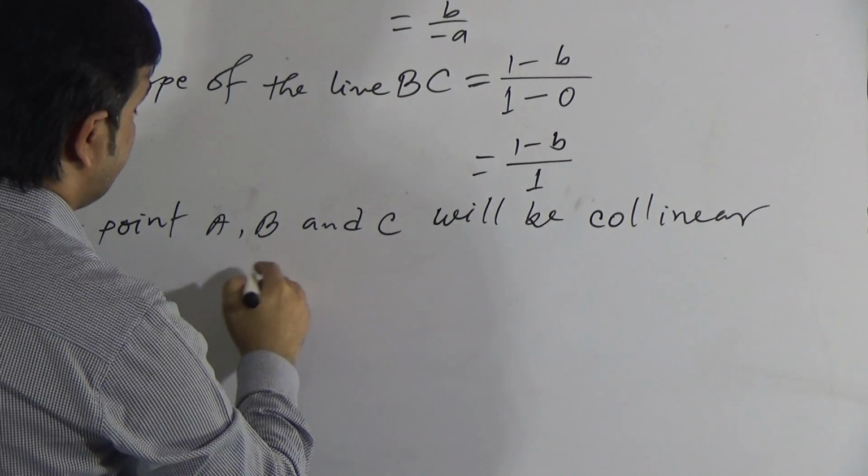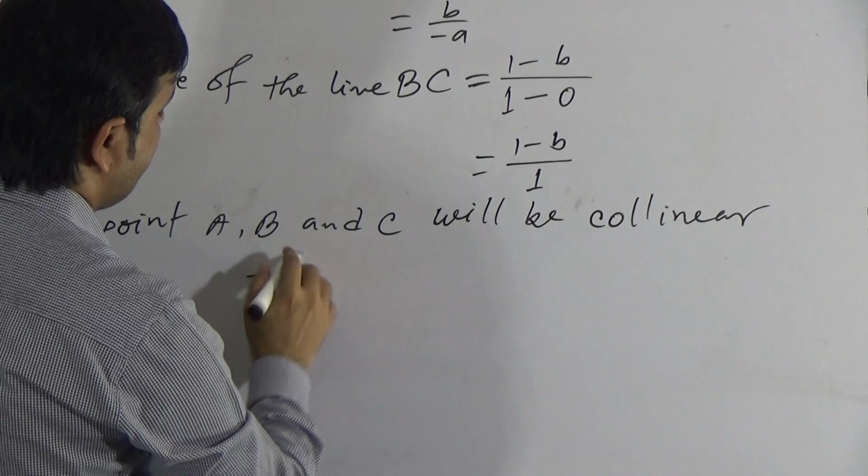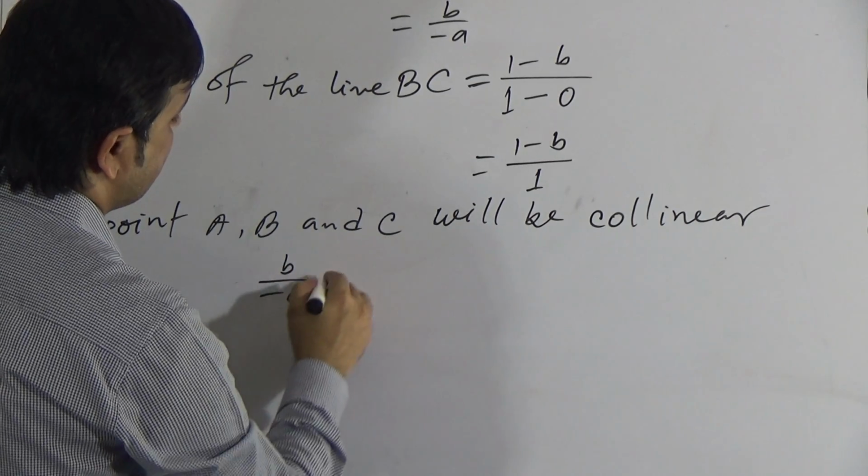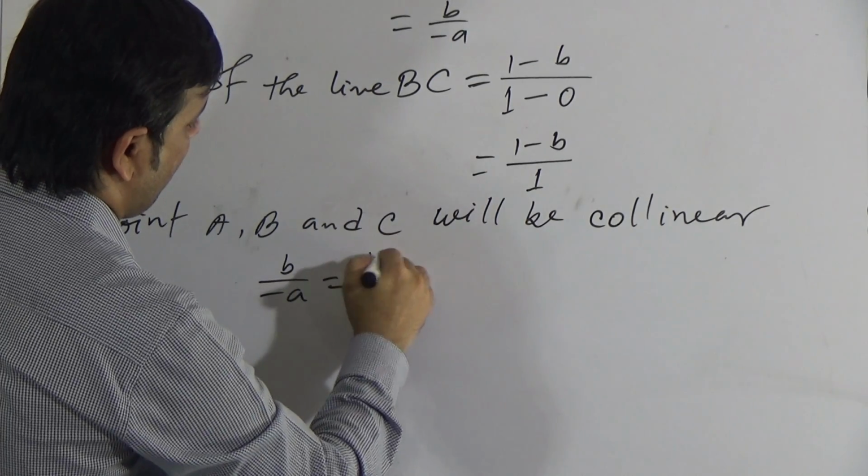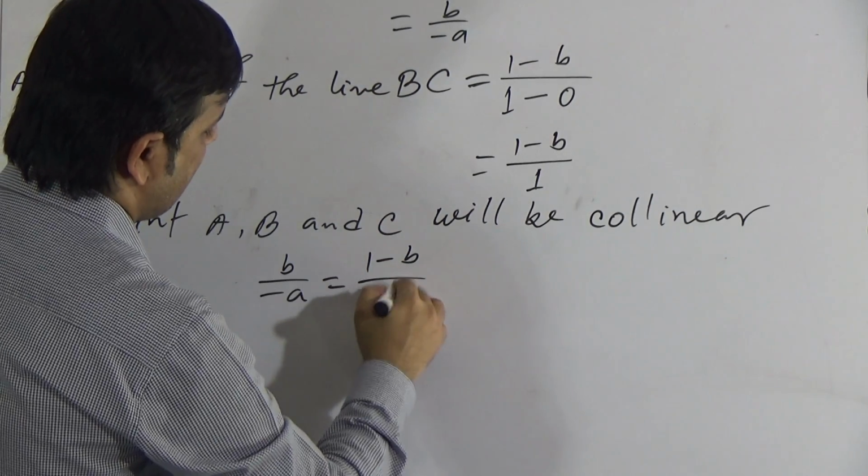So we can write b by minus a is equal to 1 minus b by 1.